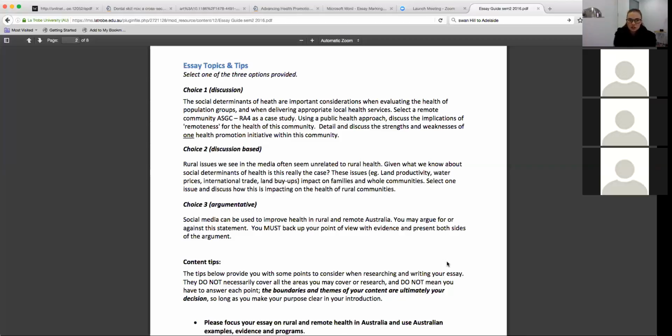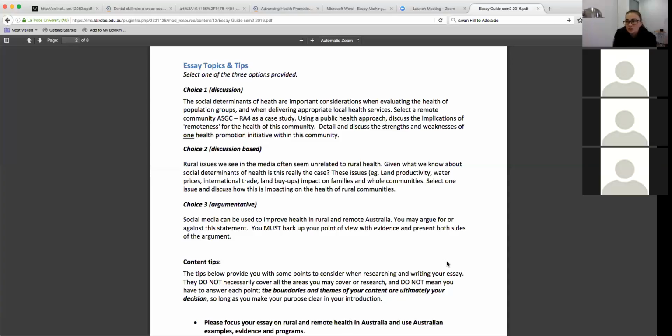So looking at social determinants of health and linking that to the health of the community. It could be anything, but just think about what we've spoken about in the last couple of weeks in this subject, those social determinants of health, and then link how that impacts people living in this remote town and their health.